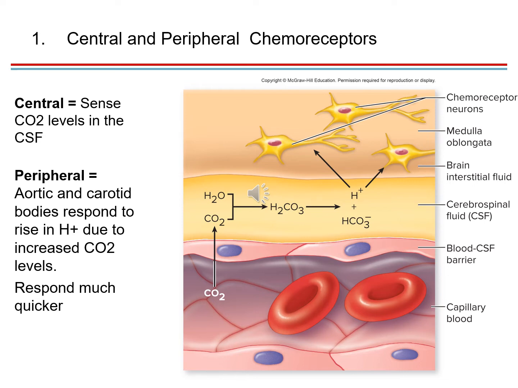And the peripheral chemoreceptors, which are around the aortic arch and carotid bodies, respond to the change in hydrogen levels. And those peripheral receptors respond much faster. Now, the chemoreceptors that are represented over here represent the metabolic activity of those neurons.